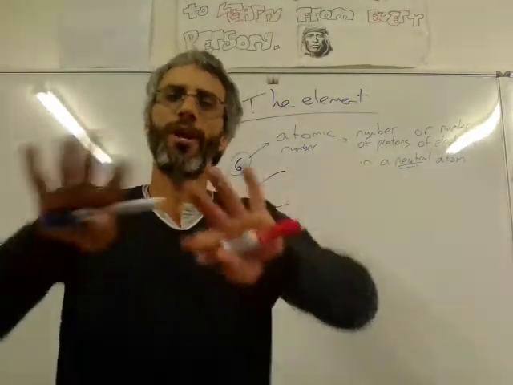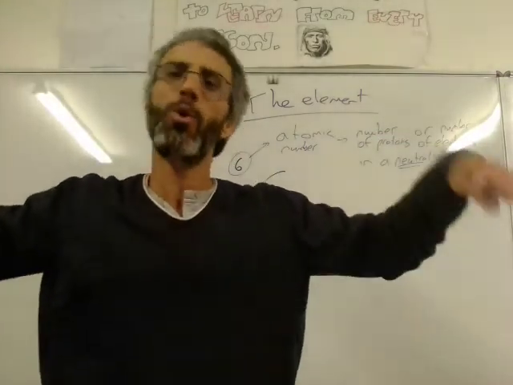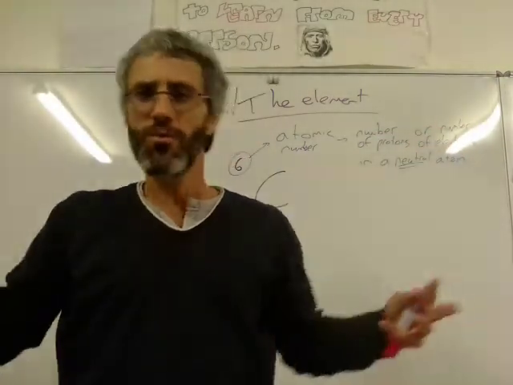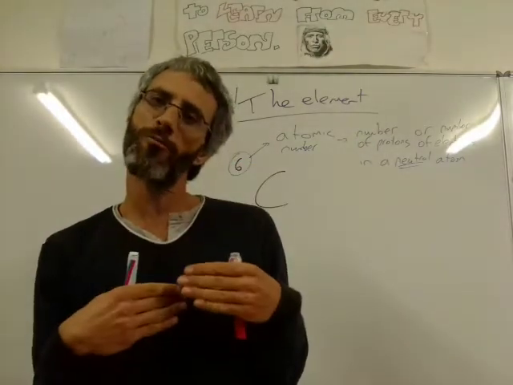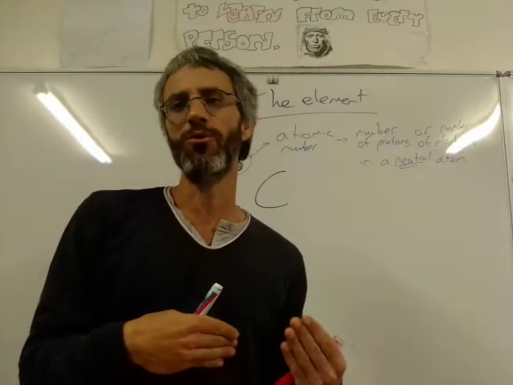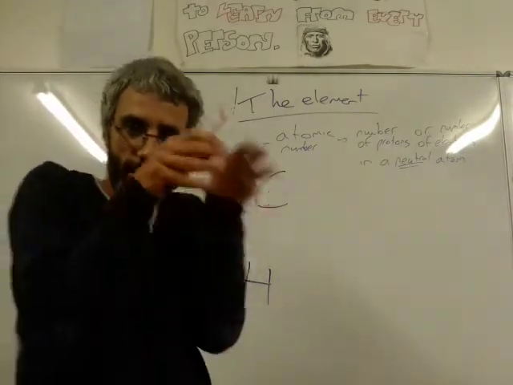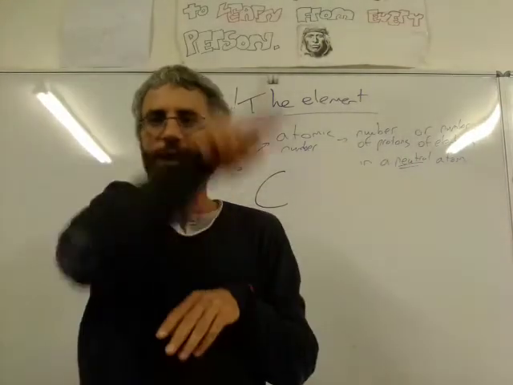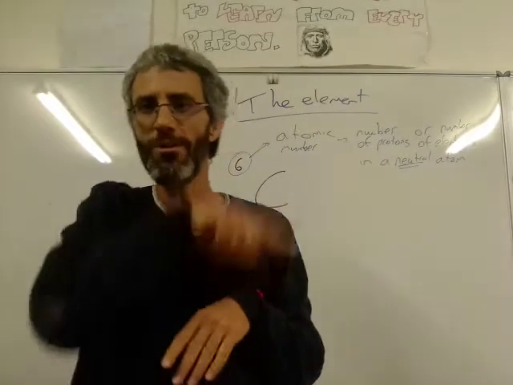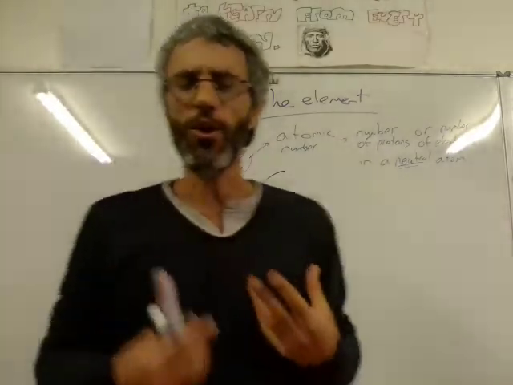First of all, in grade 8, as far as we're concerned, all atoms are neutral. What does it mean? Neutral means having an equal number of protons and electrons. So carbon has 6 protons in the nucleus, remember? And it also has 6 electrons orbiting around. Why do we call it neutral?